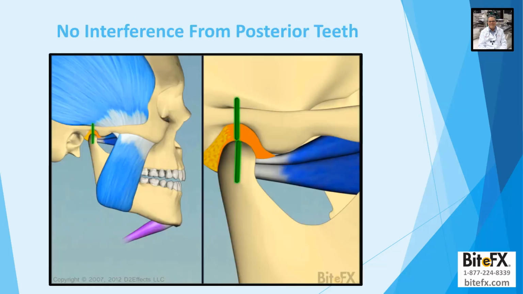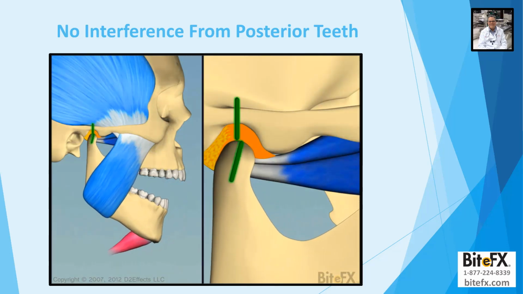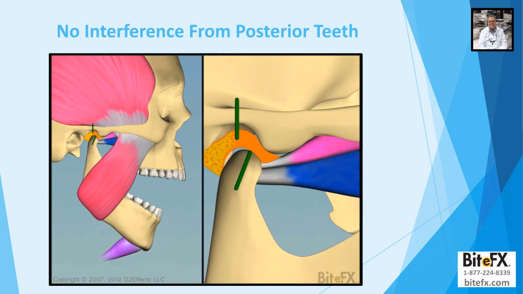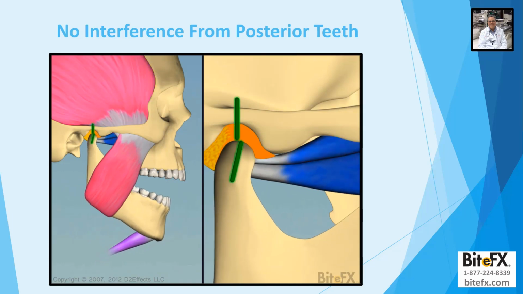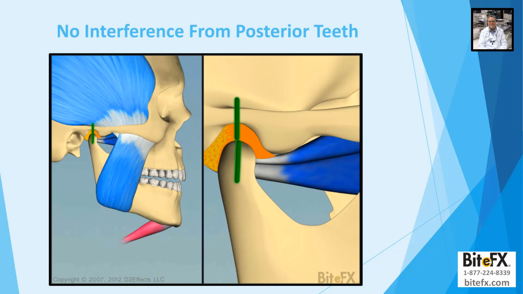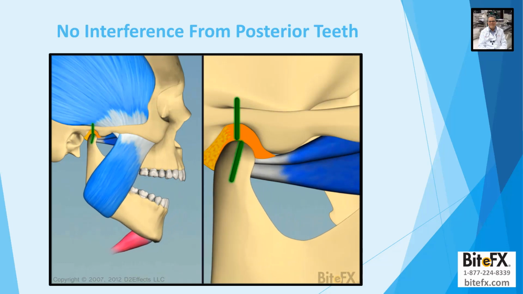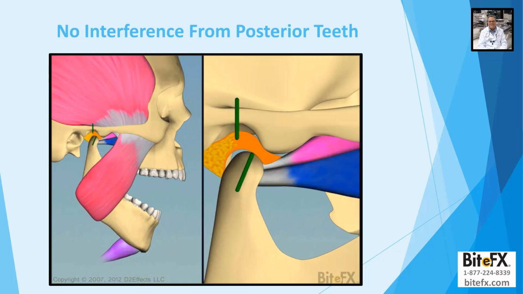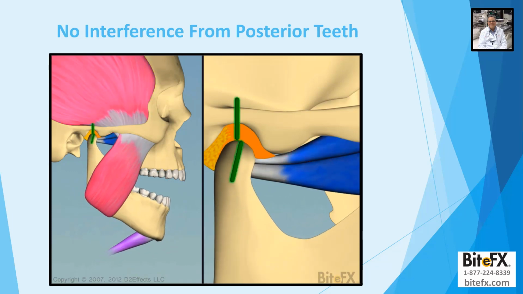Let's look at the picture one more time of if there is no interference in posterior teeth. This will become more important next week when we speak of dysfunction. Just watch this again. You see that lateral pterygoid? When it's time for translation to occur, the inferior belly contracts and pulls, and then the superior belly relaxes so that that disc can rotate to the top.